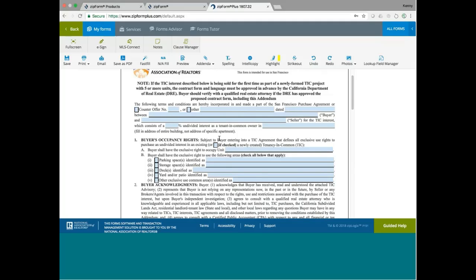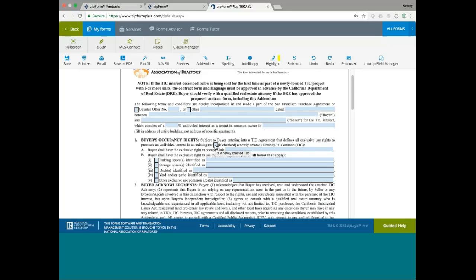Buyer's occupancy rights. Subject to buyer entering into a TIC agreement that defines all exclusive rights to purchase an undivided interest in an existing, or if checked, a newly created TIC. So if it is an existing TIC, you leave this alone. But if it's a brand new TIC, you check this box.